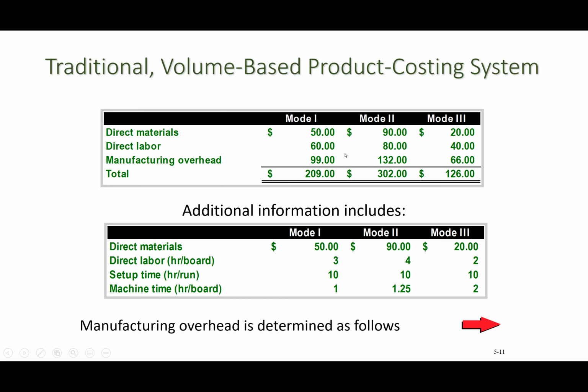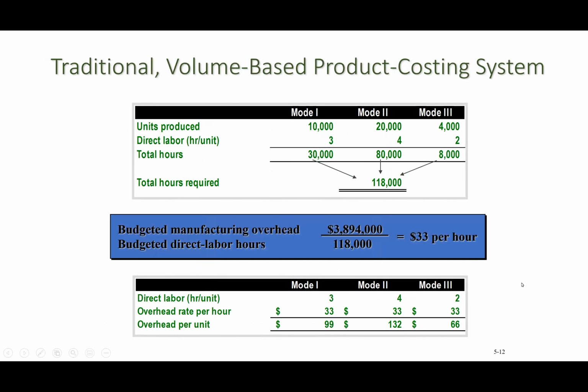You have direct material, direct labor, and you allocate overhead. How did we get that overhead? Well, let's see. In the traditional system, you produce 10,000 units, and each unit takes 3 hours. So 3 hours times 10,000, our total direct labor hours is 30,000 hours, all right?